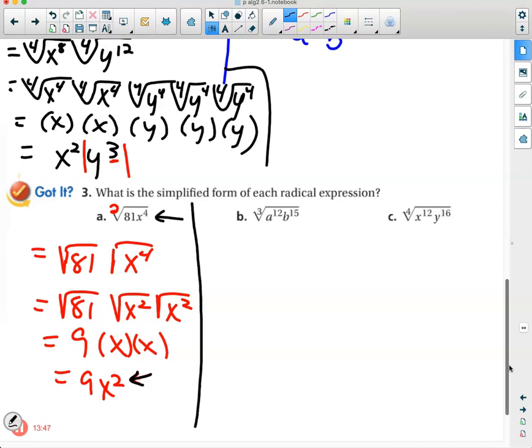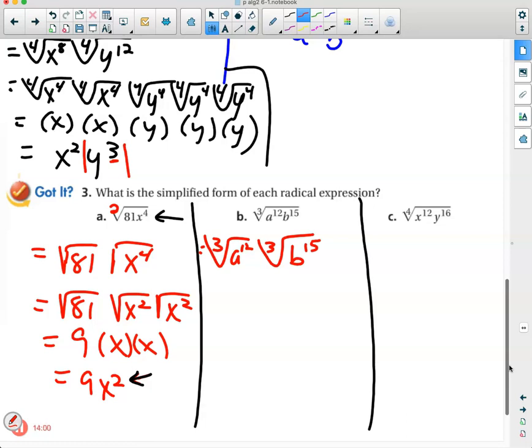B, cube root. Break it apart into those variables. Cube root of a to the 12th, cube root of b to the 15th. And now make your perfect cubes. So cube root of a to the 3rd, four times, 3, 6, 9, 12 of them.